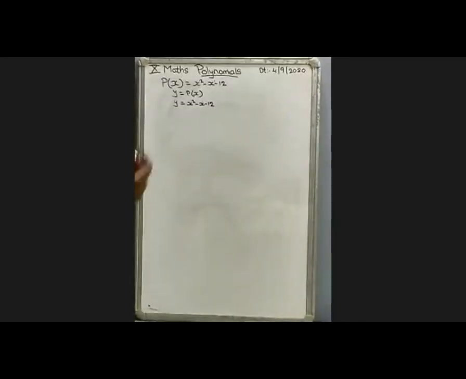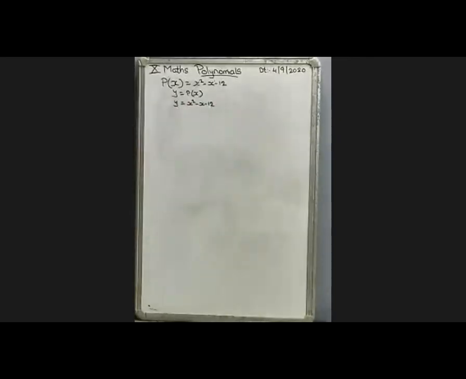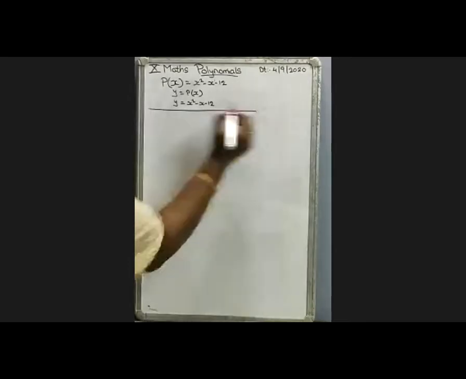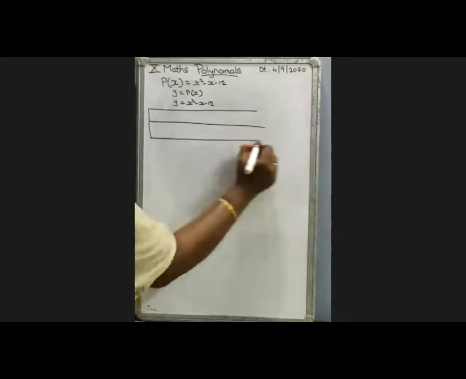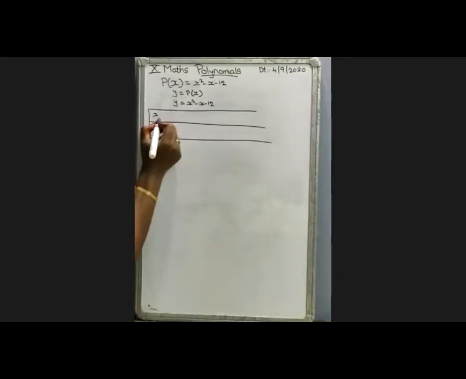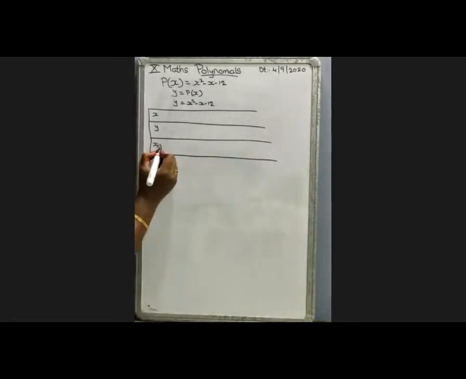Now we have to substitute x values in this equation and we will get the y. Here we can take x, y, and another one also, x comma y. Already in the previous class we discussed it.